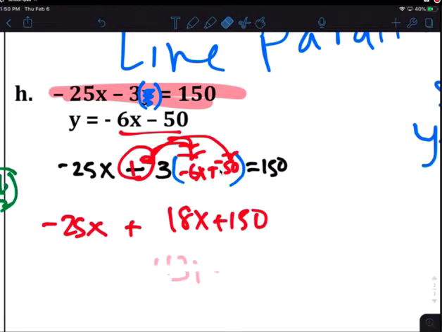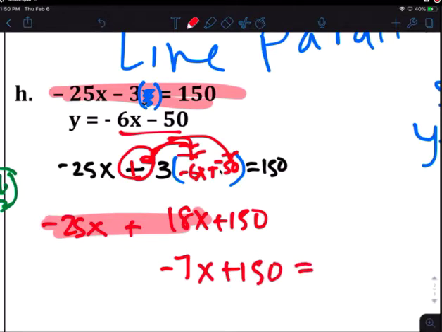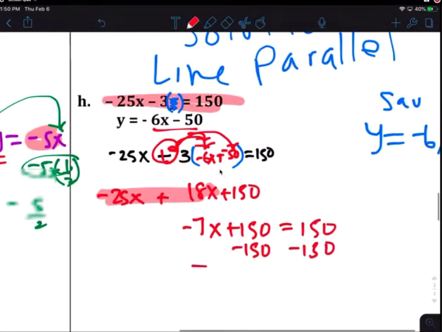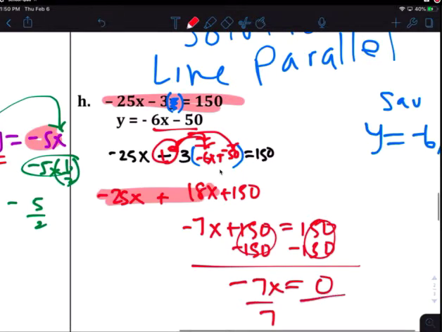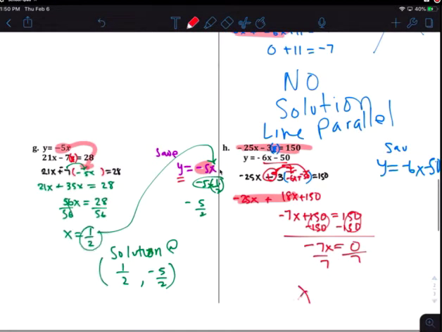No, that's not right. Okay, you would subtract this, right? Because one is positive, one is negative. So you get negative 7x plus 150 equals 150 minus, minus. Okay. That gets you 0 equals negative 7x divided by 7. X is 0.